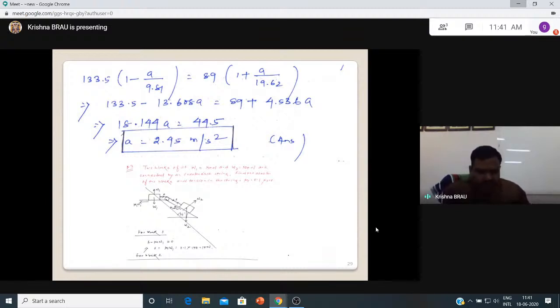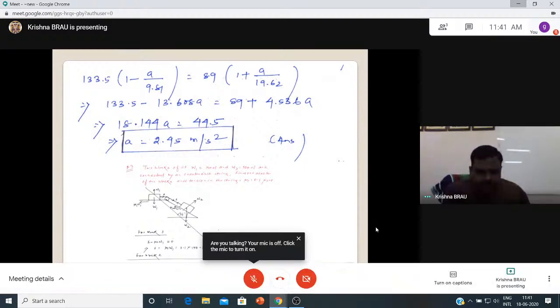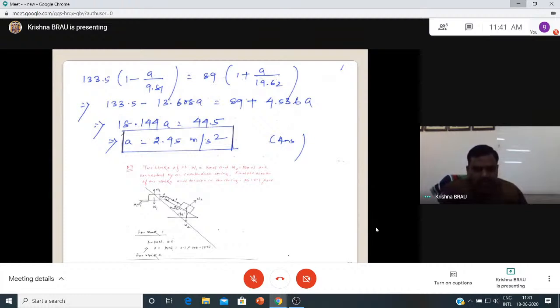Find the acceleration of the blocks and the tension in the string. The friction coefficient for block 1 is 0.1 and for block 2 is 0.2.